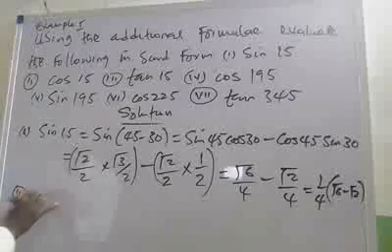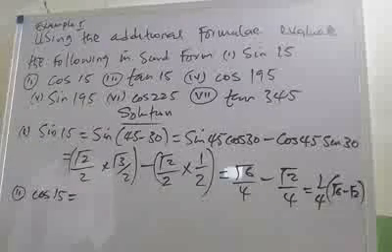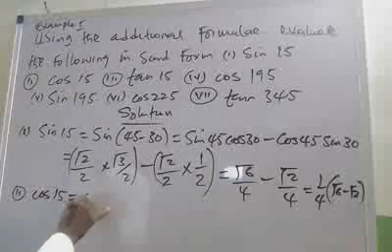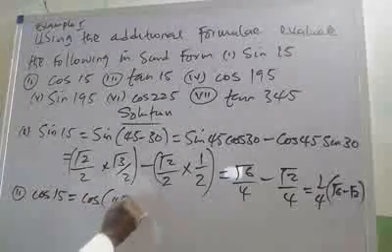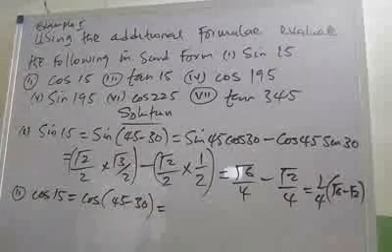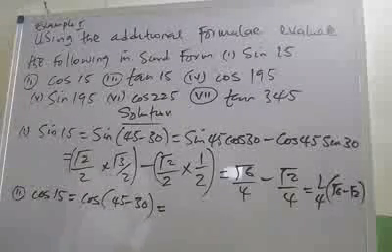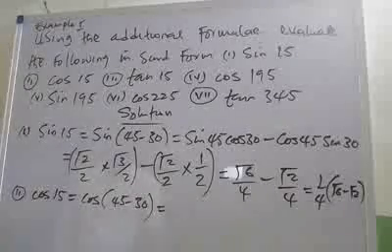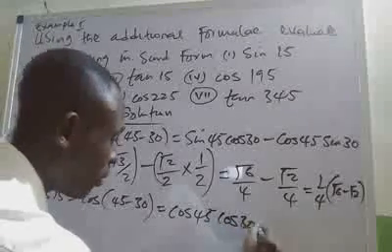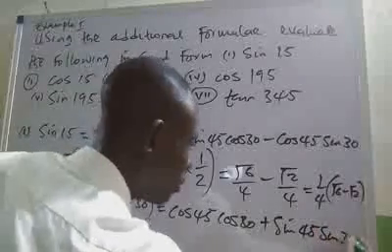Then cos 15. According to the addition law, cos 15 is the same thing as cos 45 minus 30. So this will be cos 45 cos 30 plus sine 45 sine 30.